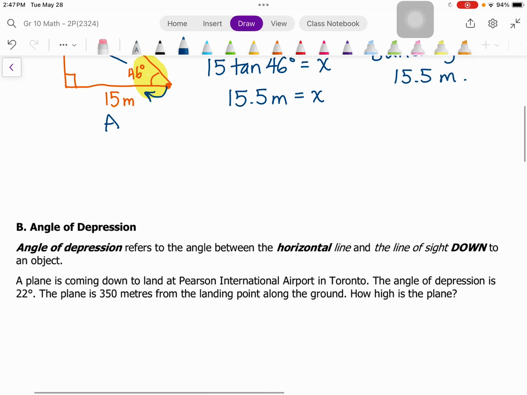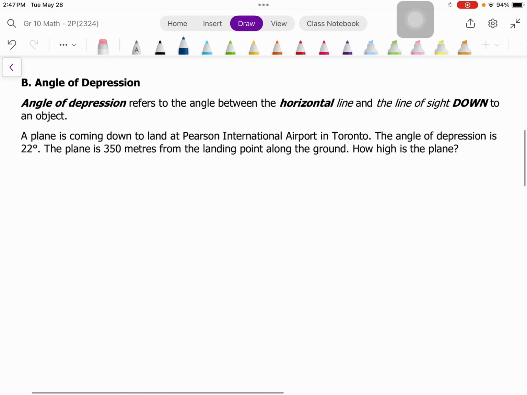So the next type of question we're going to look at, these are called angles of depression, and this is where we have an angle between a horizontal line and a line of sight down to an object. So in this question, we have an airplane over here. It's going to land at Pearson International Airport on the ground over here.